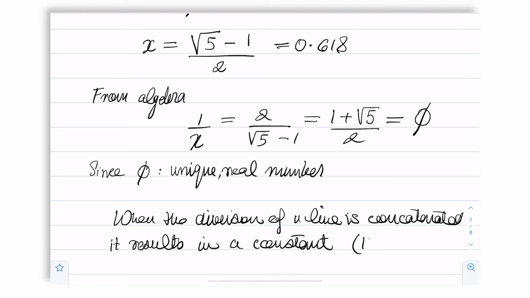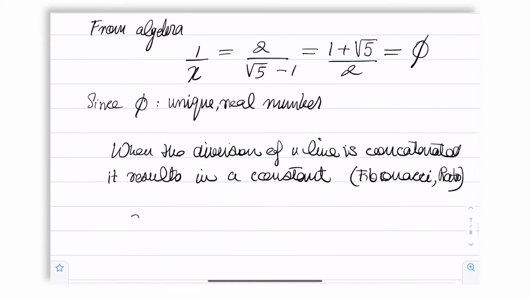This is nothing but what we saw with the Fibonacci series and the ratios. Therefore, phi is also called the golden ratio.